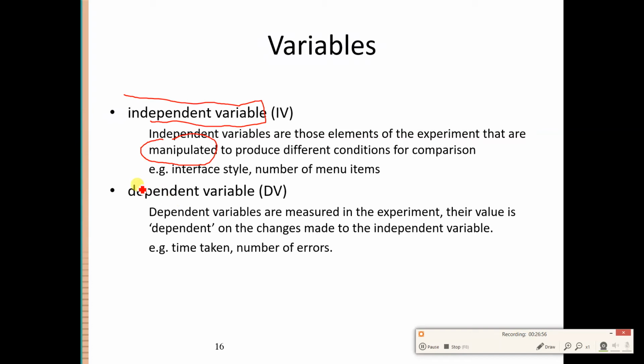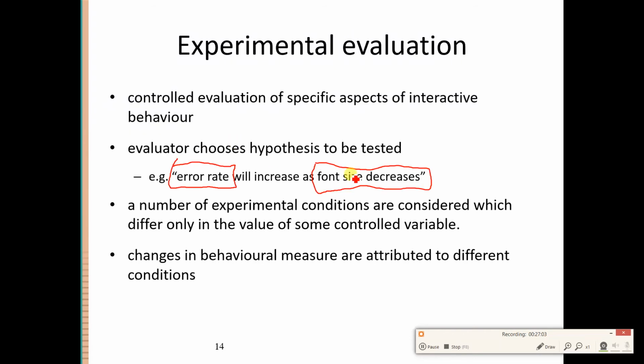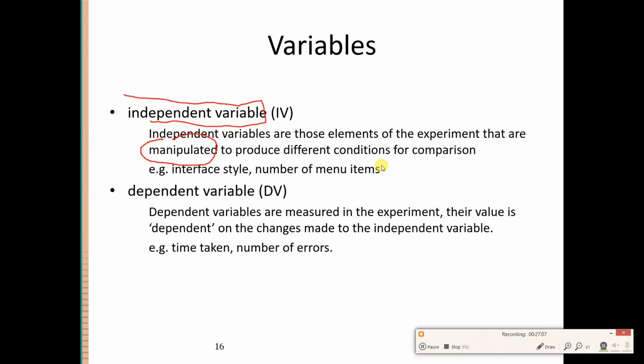And what is the dependent variable? Let me give the example for the independent variable. The example for the independent variable is the font size. What are the dependent variables? Dependent variables are measured in the experiment. Their value is dependent on the changes made to the independent variables. So the dependent variables are going to be changed. Why?